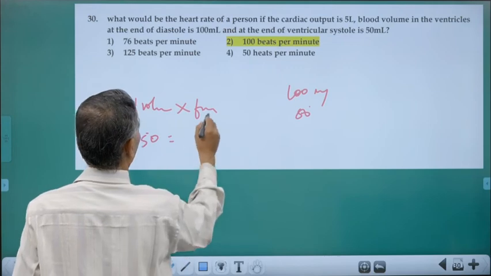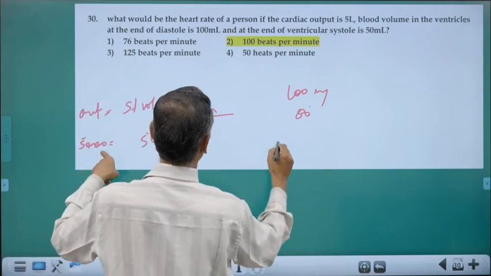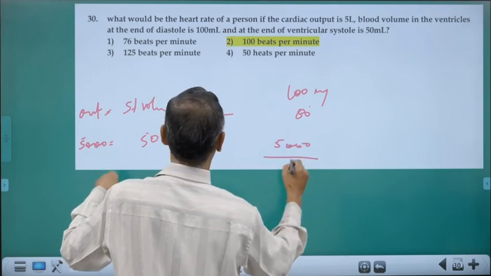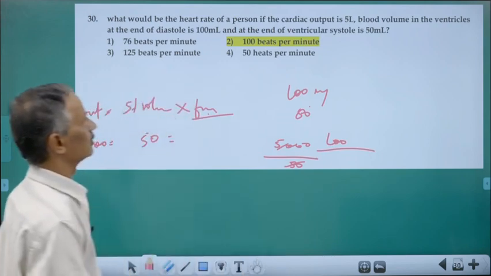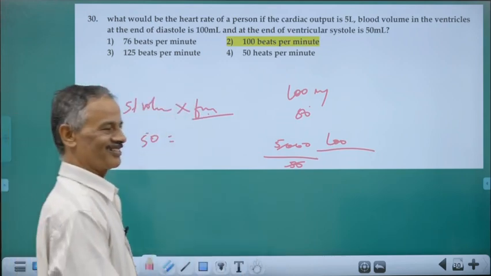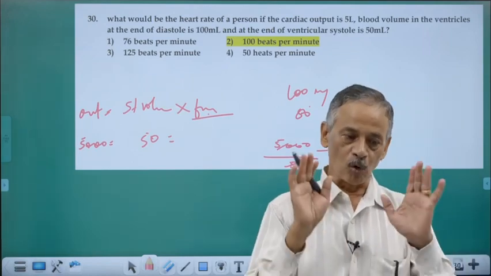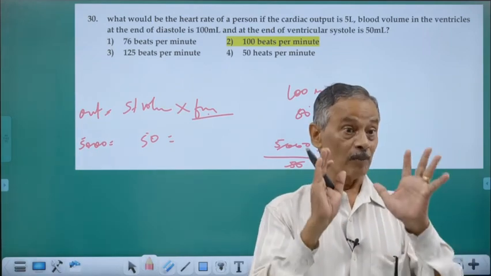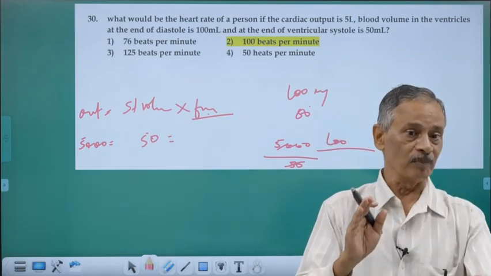Okay, then what is the frequency? This can be obtained by 5000 divided by 50. Okay, so it is 100 beats per minute. Because cardiac output is the amount of blood that is pumped from one ventricle in 1 minute.